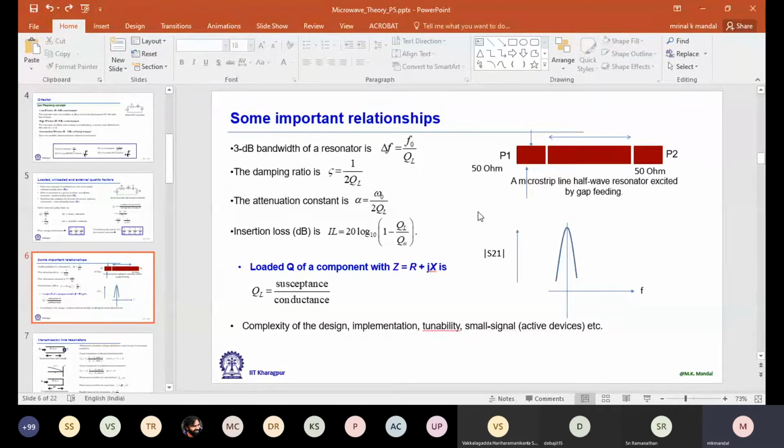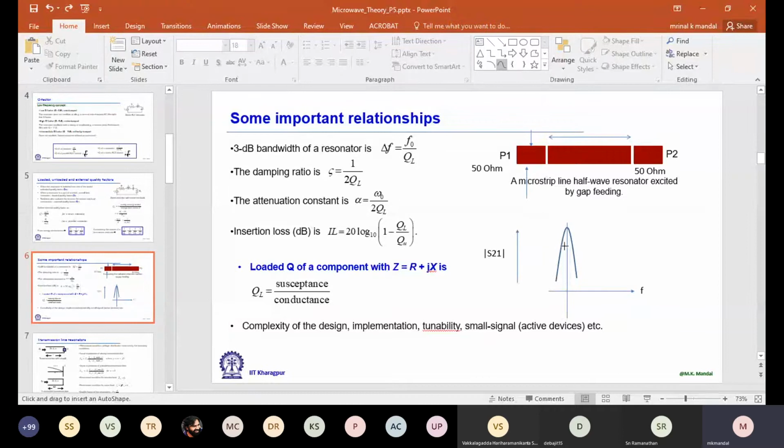Here coupling occurs through electric and magnetic field. That depends on the situation, how we are going to excite it. In general, it is transferring energy through electric and magnetic field. Well, if I decrease this gap, then coupling will increase.